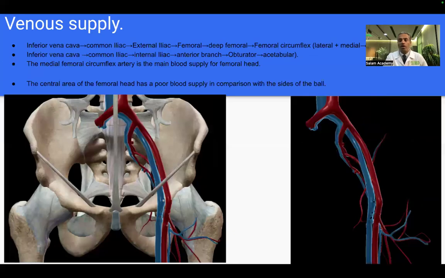Let's talk in depth now. Before we talk about the hip, I want to talk about the veins. I said that the veins have the same course, the same pathway, and the same names. Everything the artery has, the vein has the same, but we have one exception.